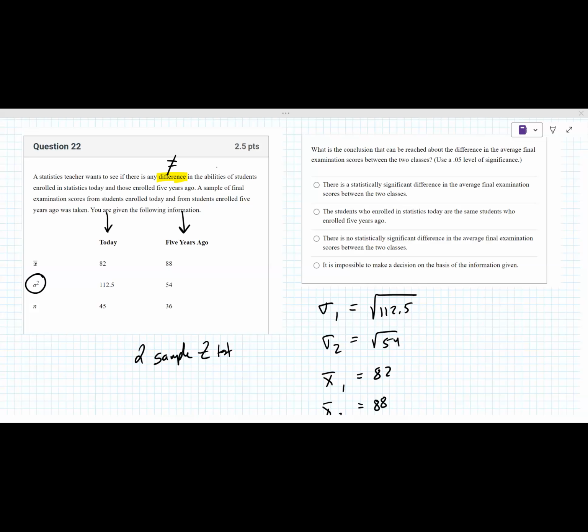And that's on a 2-sample Z test? Yes. You're saying you don't have that? I did the same. Number 3, right? Yeah, number 3. And then I'm there now, so I'm gonna do it as well. So the sigma 1 is the square root, and then you should get 10.60.